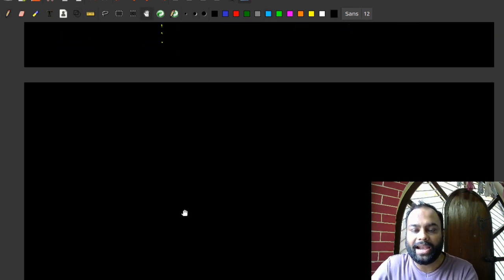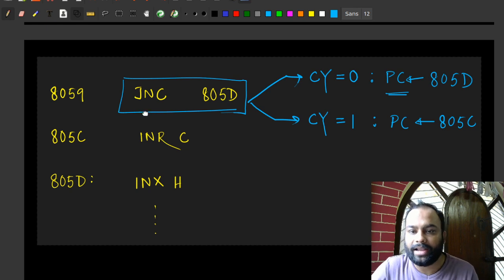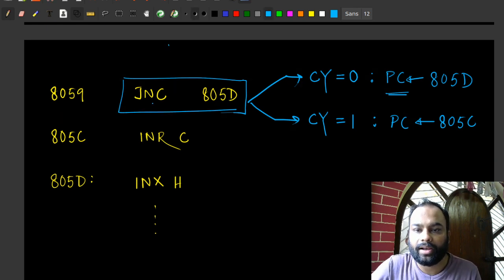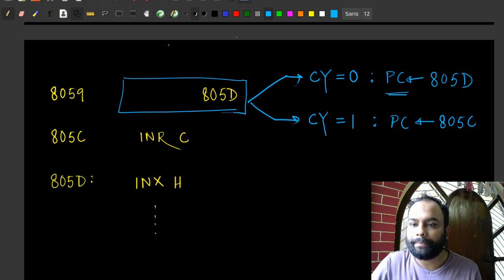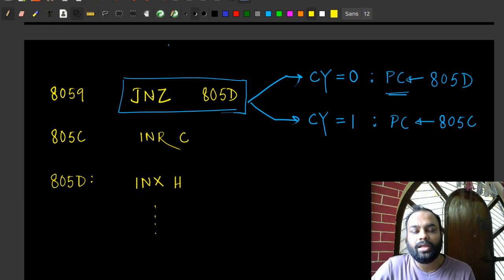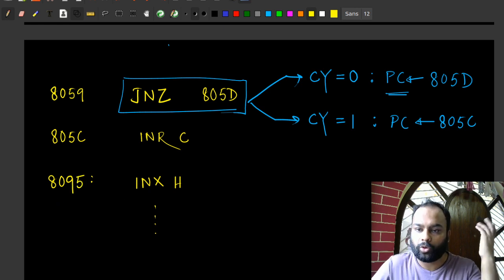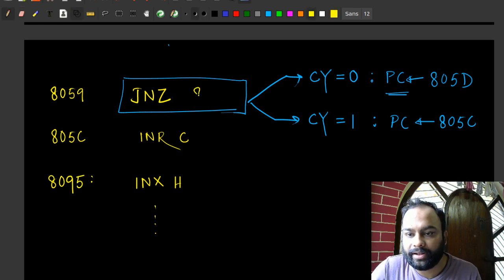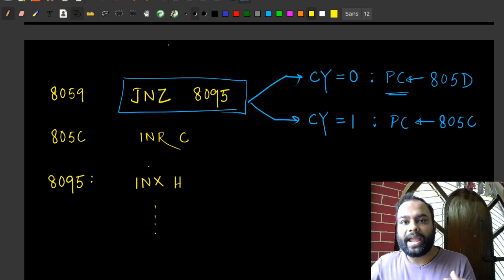Again, let me copy this and write down something like that here. Instead of this carry instruction, say maybe I have a JNZ instruction, and maybe this is 8095, so far away. Now this is checking whether the zero flag has not been set.